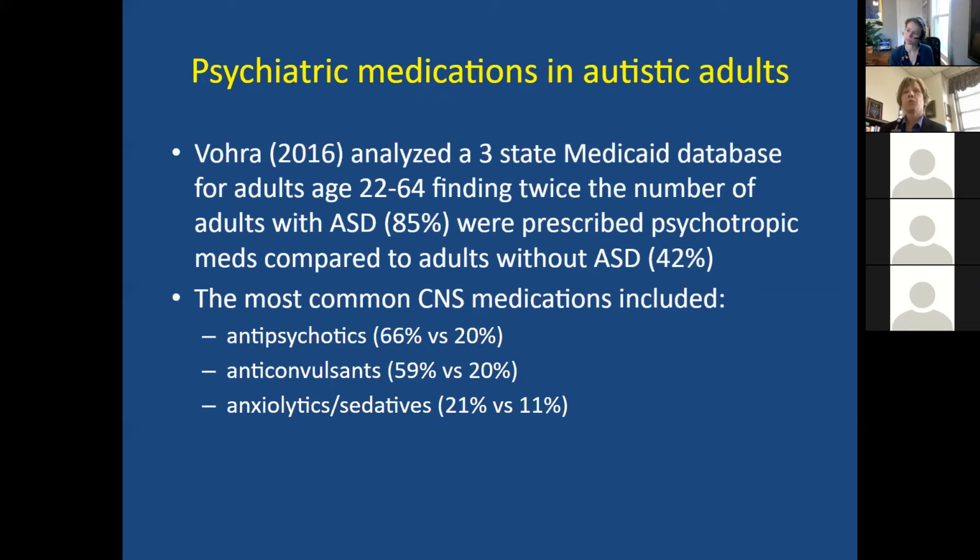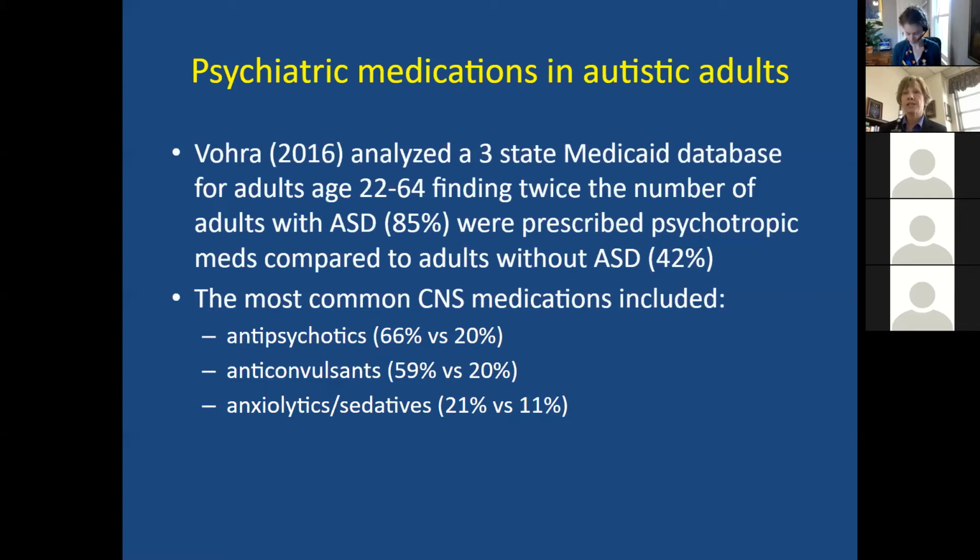And here we're gathering the data from a Medicaid database for adults, finding that twice the number of adults who have the autism diagnosis, that would be 85% of those individuals who are on Medicaid and have an autism diagnosis in that 3-state database, are getting psychiatric medications compared to individuals from the same group without an autism diagnosis on the record.